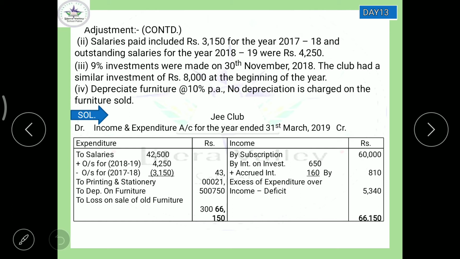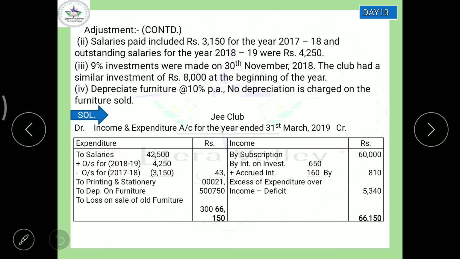How will you calculate? 8,000 into 9 by 100, 720 rupees, and 3,000 into 9 by 100 into 4 by 12. So you will get the same amount, 810.